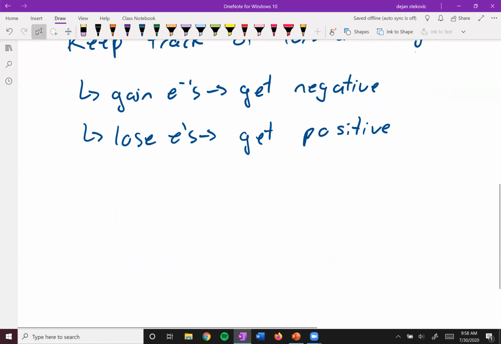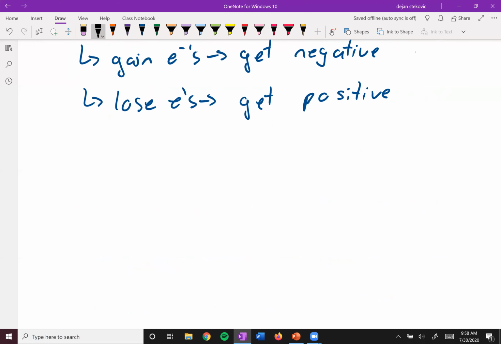Let's take another example or another look at this. Right, we have this structure right here. And then the first thing you have to realize is that this oxygen does indeed have lone pairs, right? It has lone pairs. And so it can resonate here.